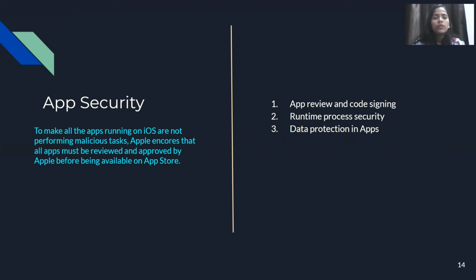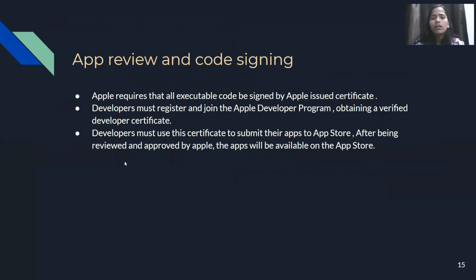Further, moving to the app security part, to make sure all apps running on iOS are not performing malicious tasks, Apple enforces that all apps must be reviewed and approved by Apple before being available on the App Store. It consists of three parts: app review and code signing, runtime process security, data protection in apps. App review and code signing.